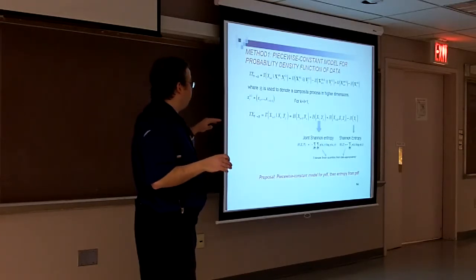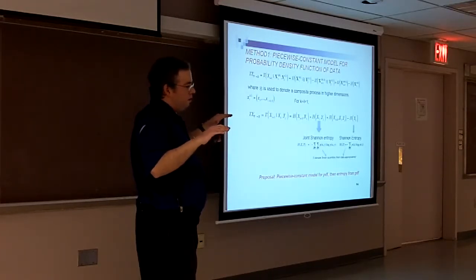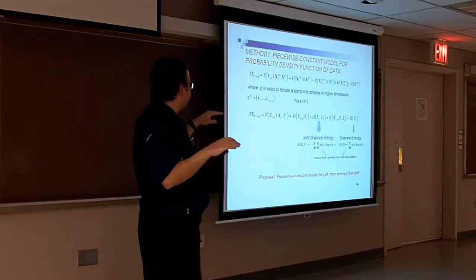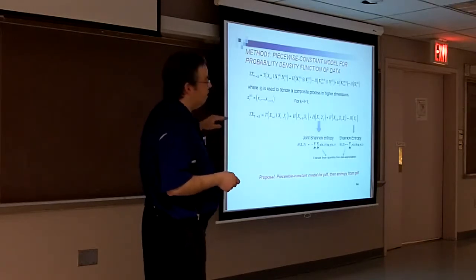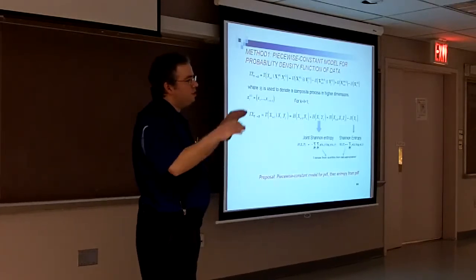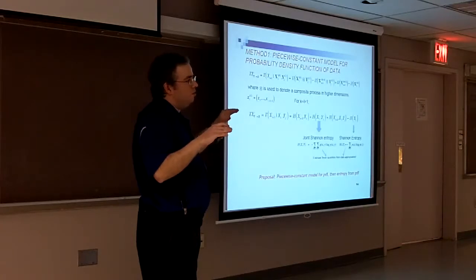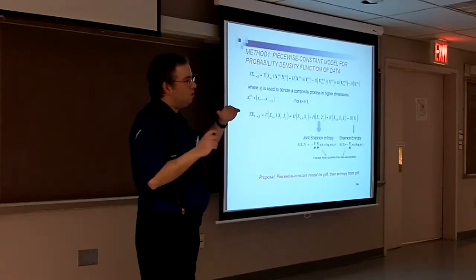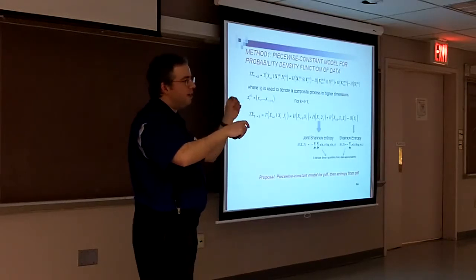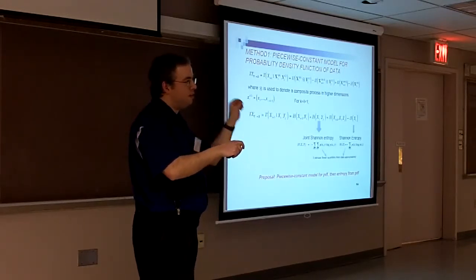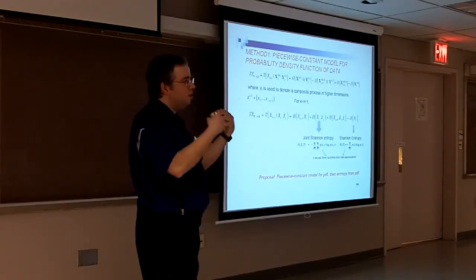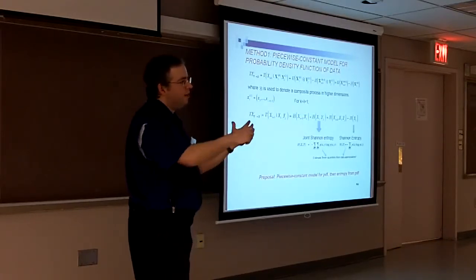We approximate the PDF as a histogram, and then from that histogram I'm going to assume a Bayesian model and take samples from that histogram model. That means taking samples from that PDF.